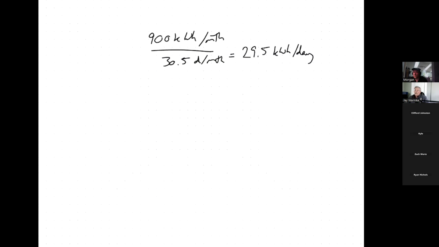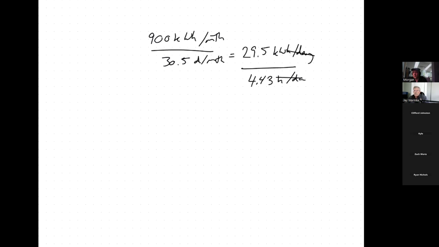So what did we say? 4.43? So 4.43 hours per day. Well, if you divide kilowatt hours per day by hours per day, now it's 29.5 divided by 4.43, and we get 6.65.